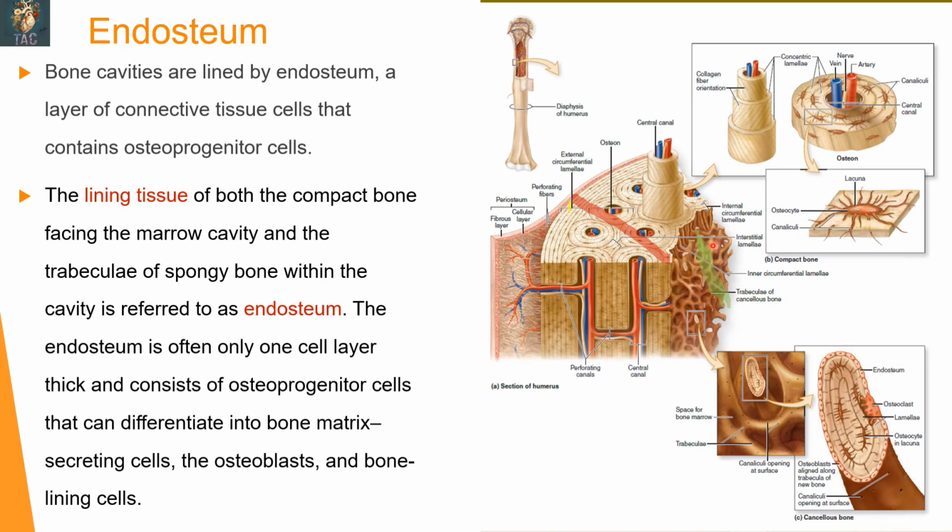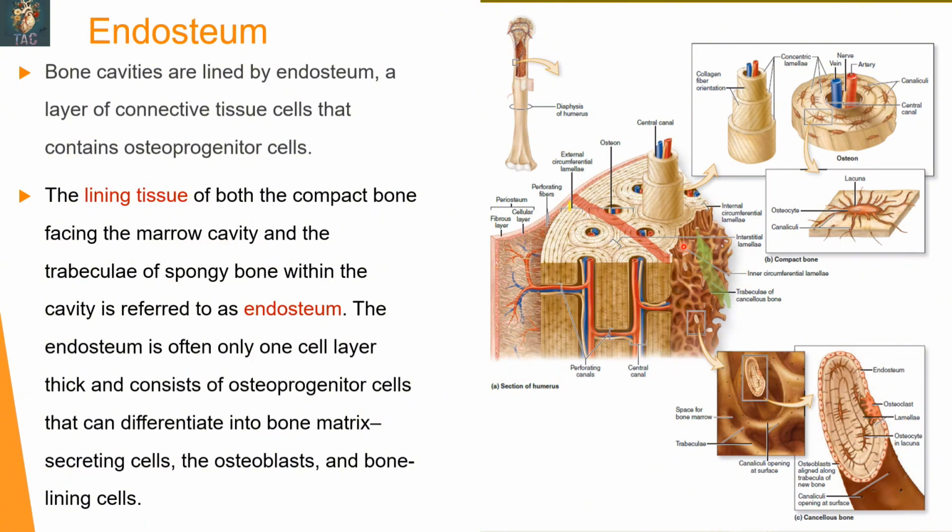This area is the compact bone in which you can see the proper arrangement of the osteonal system, the lamellae all present, and also these are the irregular bony spicules of the spongy bone, and the surfaces of both the spongy bone and the inner surfaces of the compact bone are lined by the endosteum.